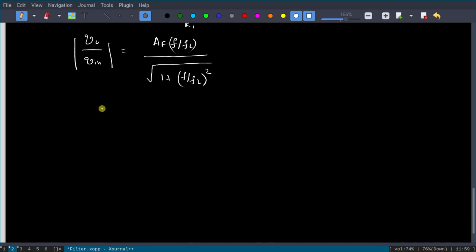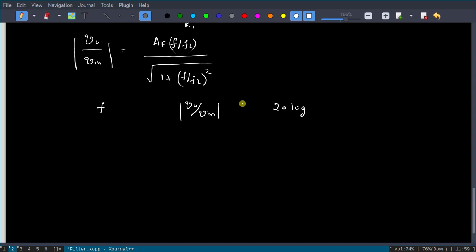First we will take the frequency, then we will find V naught by V in magnitude, and next we will write 20 log, because usually the frequency response we plot on semi-log sheet, where the y-axis is 20 log of the gain and the x-axis is frequency, but it is not linear. It will be in the decade scale.